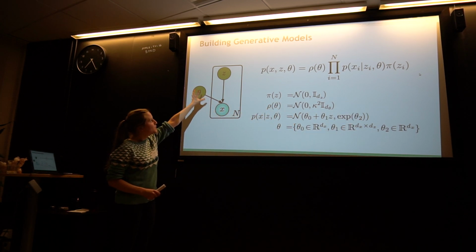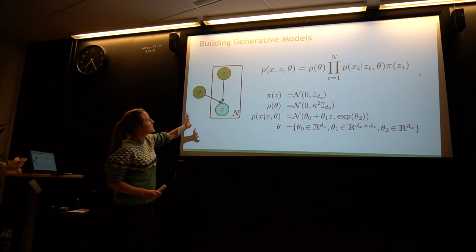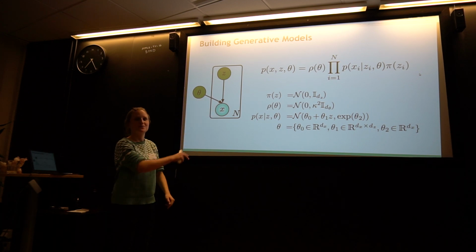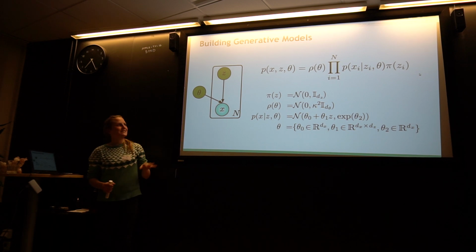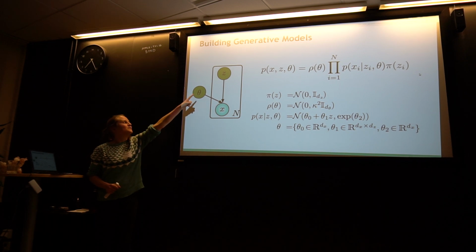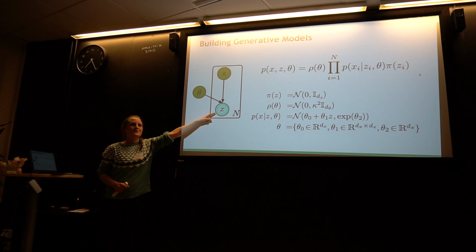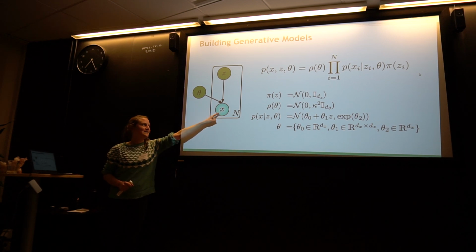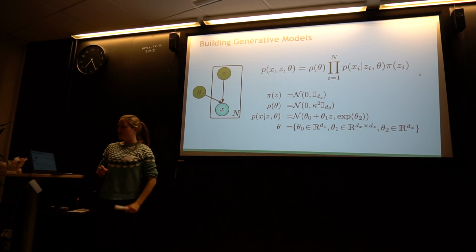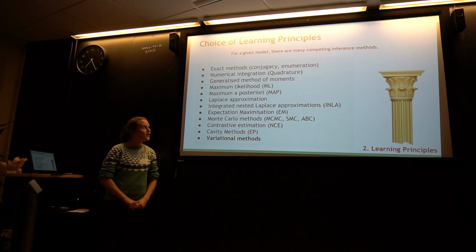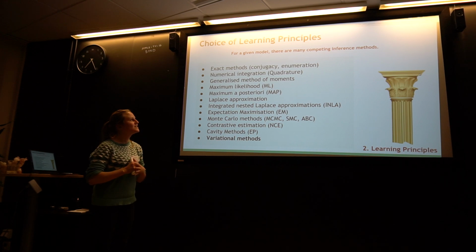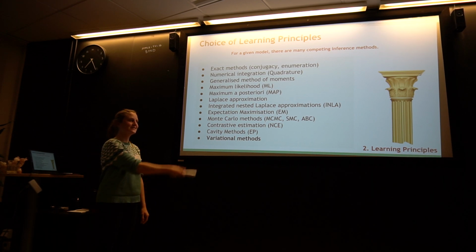Right, and then if we want to sample from this, it's basically sample, sample, sample, and we have generated a sample. Awesome, right? The problem is that we don't know the thetas, we don't know the z's, we only have the x's, so we don't know how to sample such that we get x's out that look like the data that we have. Right. Therefore, we need some kind of learning principle. Here is a long list.